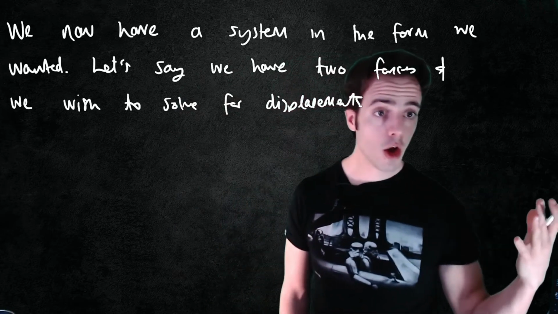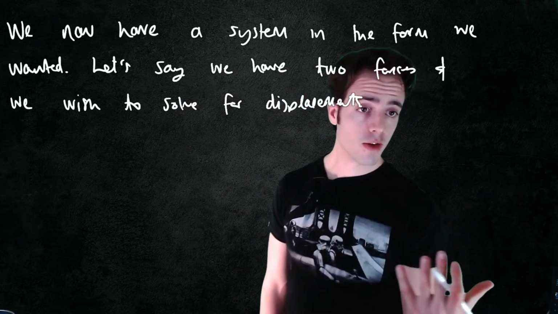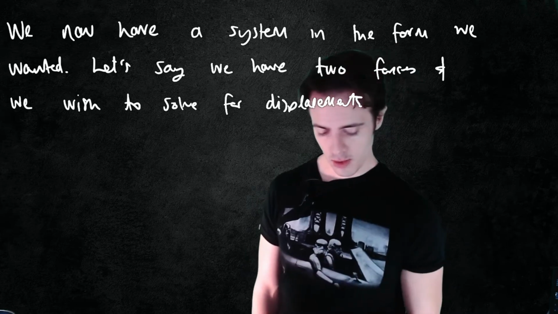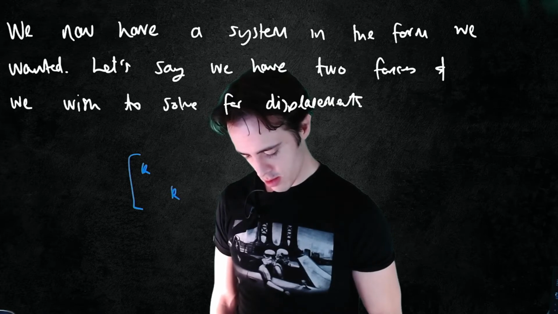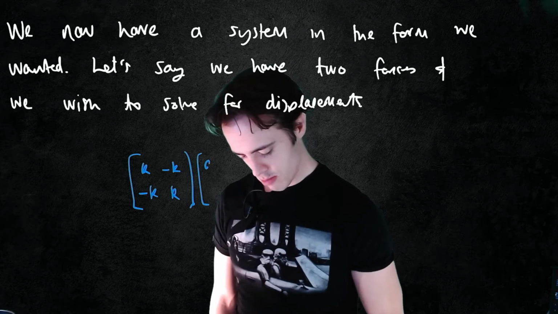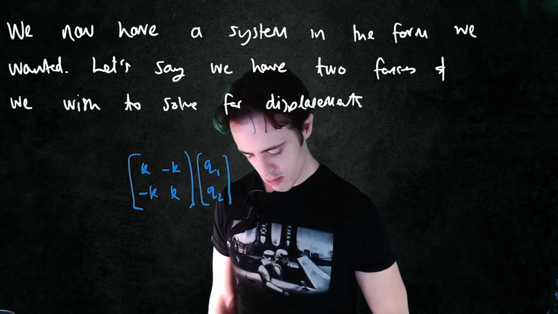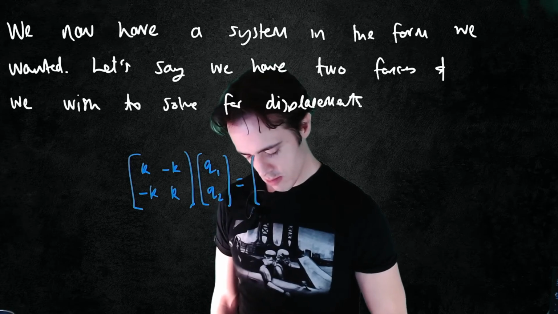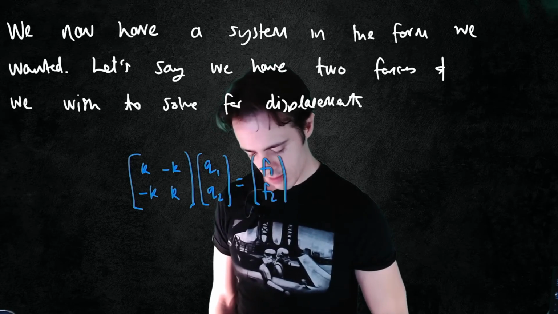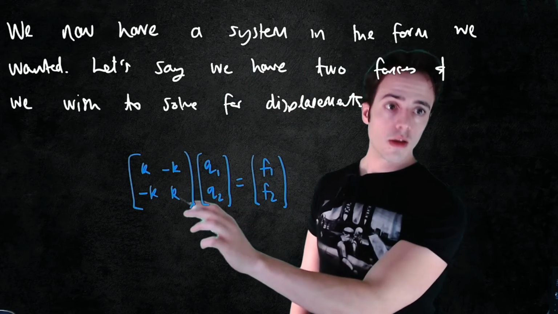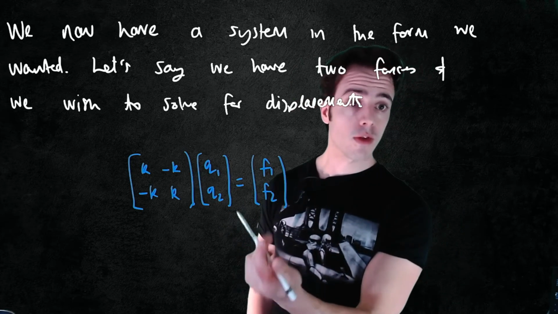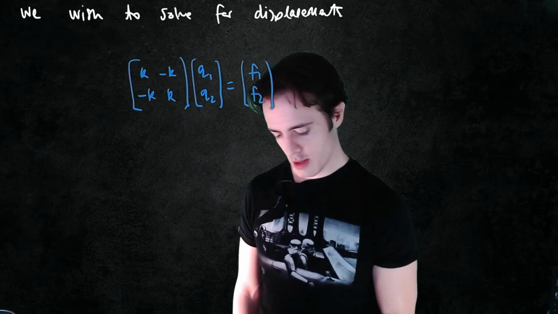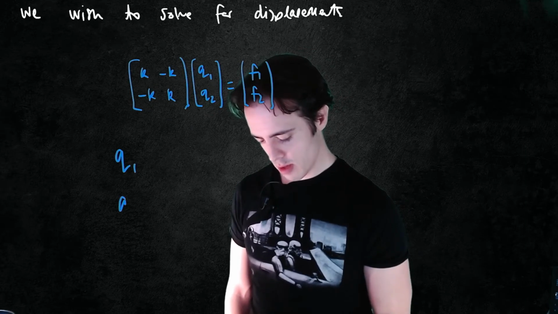So in this case, we would know values for F1 and F2, and we're trying to solve for the Q's. So let's say we've got this here. Okay, so this is known. K is just a number. K is just a value in pascals, and then Q is what we want to know. So we then would change this to Q1, Q2.